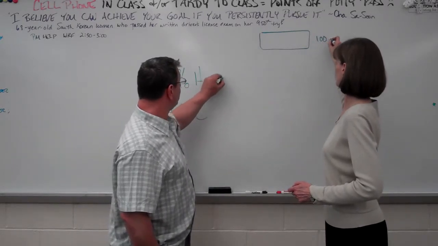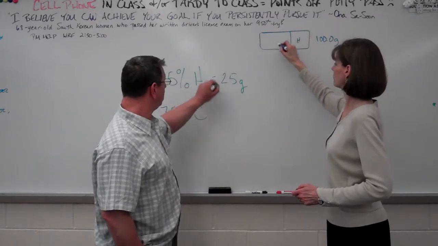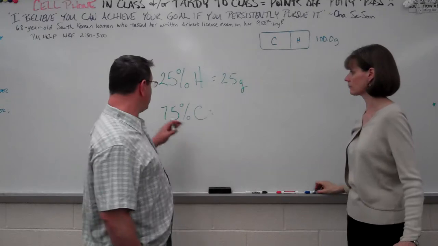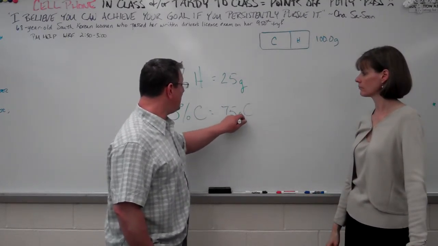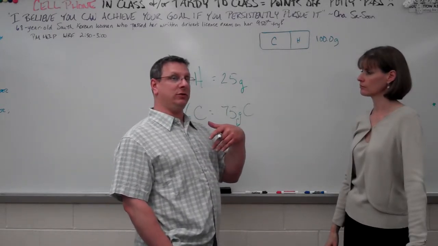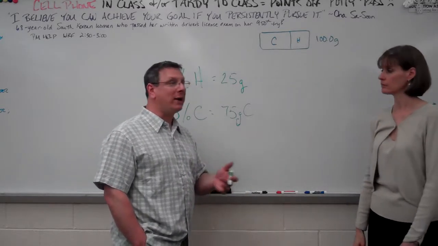It's 25 grams. We're assuming that we have 100 grams of the substance. That gives us 75 grams of carbon. And now that I have masses of these elements, I can then use molar mass to come up with a mole ratio.